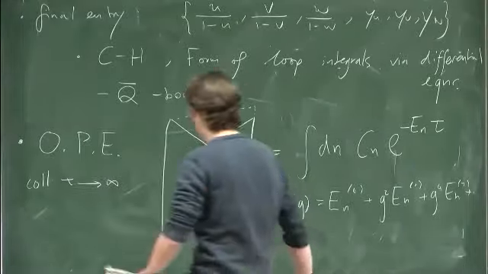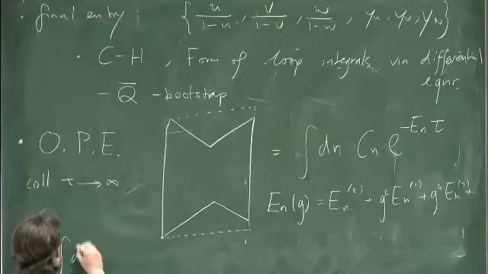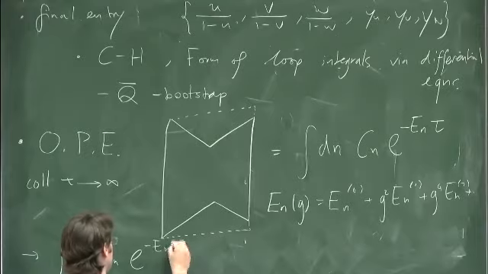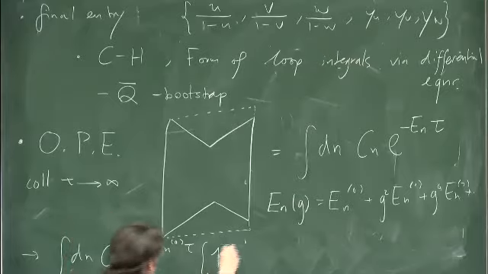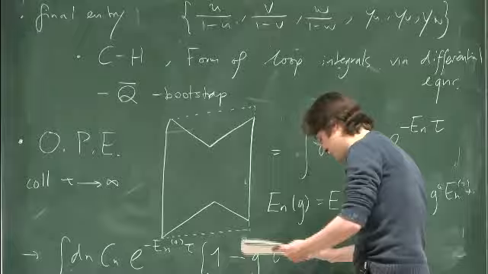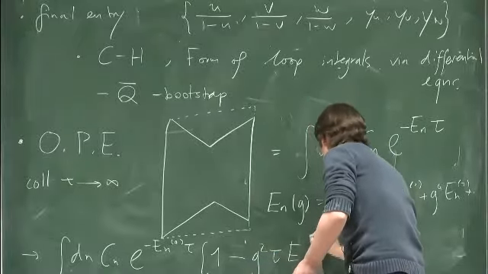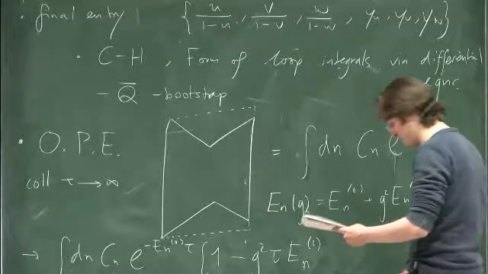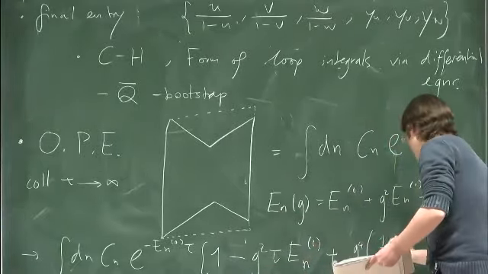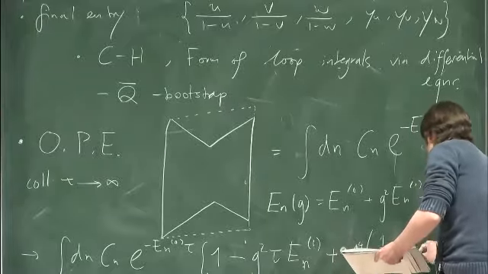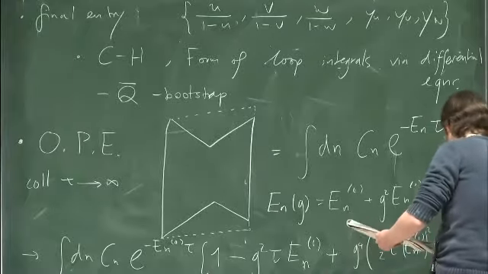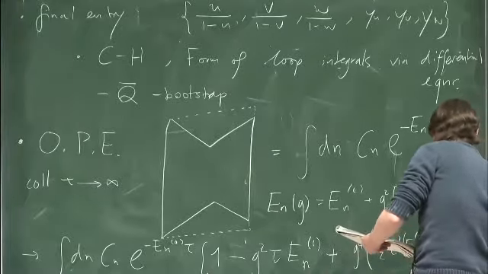And that means that this gives us an integral dn Cn, if I just do this Taylor expansion, e to the minus En0 tau times, now I expand out the exponential, and I obtain 1 minus g squared tau, I bring down a tau from the exponent, times the first order correction, En1. And then there'll be g to the 4, which will come with a term which is tau squared, which comes with En1 all squared, and another piece which is just tau coming with En2, and so on.